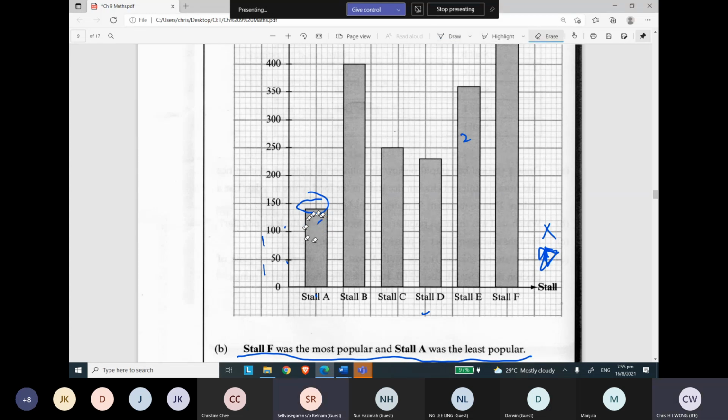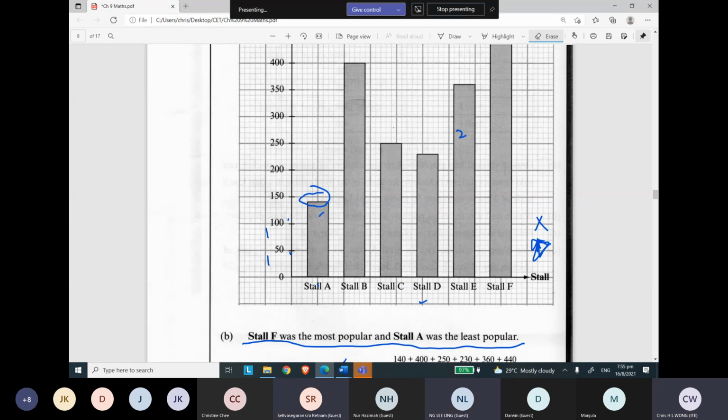140 times 350, sir. 420, sir. So this one is $3.50. So you will have to take 140 times 350 in total, right?